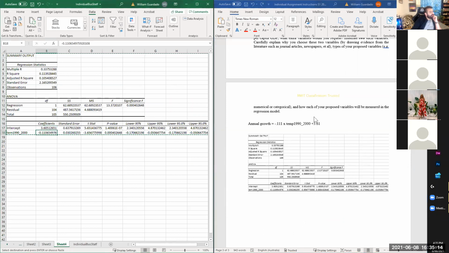It doesn't matter which order you write them in. That's your X1 here, multiplied by this number, rounded to 3 decimal places, as it says in your report. Then multiplied by that variable, plus the intercept. So it's pretty much like a y equals mx plus c equation.